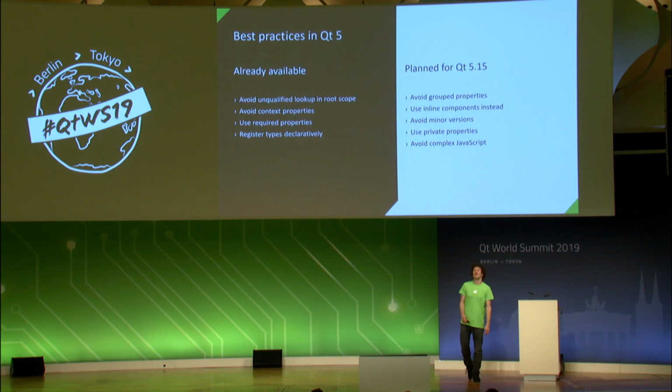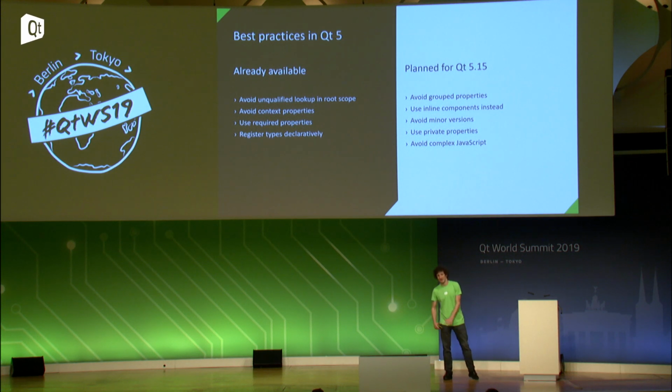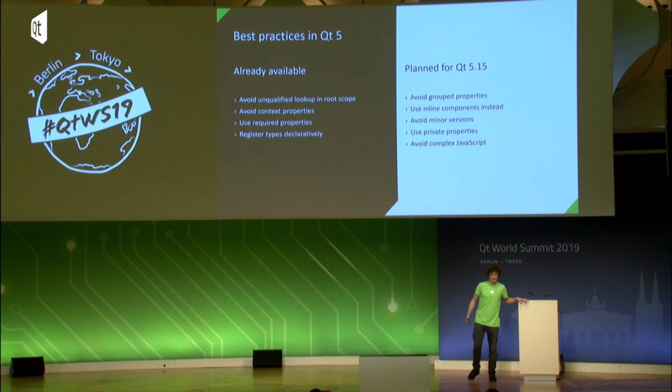So what are those best practices I'm talking about? Those can be divided into two groups. Some of them are available right now. We've already implemented them. They will be usable in Qt 5.14 or Qt 5.15. And some of them are still kind of vaporware. We are currently building those.